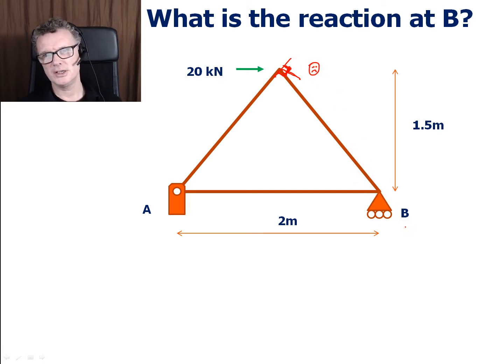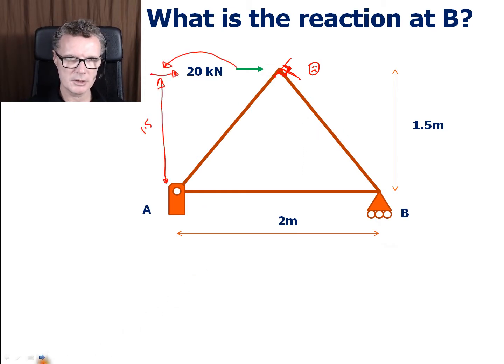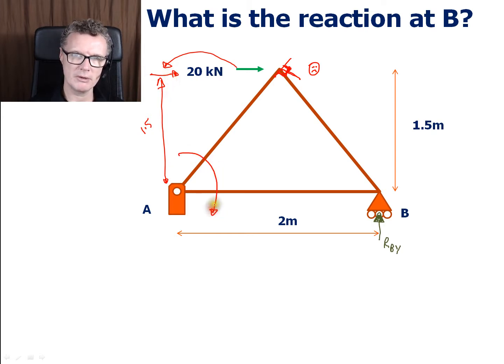So there's an easier solution to this, and that's to imagine that the force is being applied elsewhere. Imagine that the force is being applied here, vertically above the pivot where we imagine things are going to be turning around, and then we can measure that distance. So that's 1.5 meters.